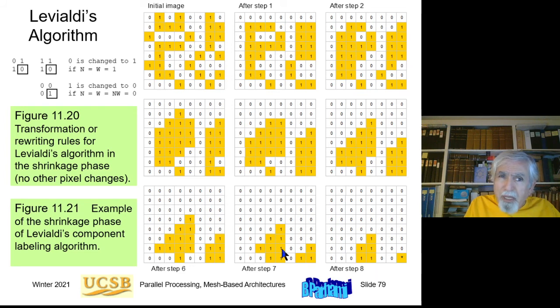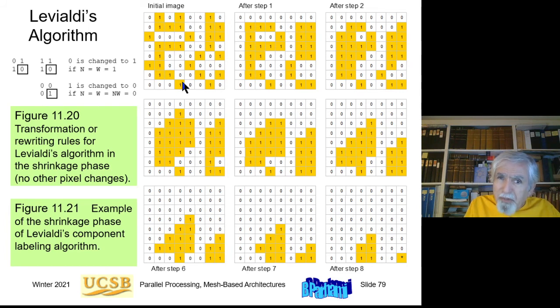So the shrinking process is dictated by this algorithm. It says if there's a 0 and there's a 1 above it and 1 to the left, regardless of this other, the third one, which can be 0 or 1, as long as there's a 1 above and a 1 to the left, this 0 will be changed to 1. If there's a 1 and it's surrounded by 3 zeros on top, on left, and diagonally here, that one will be changed to 0.